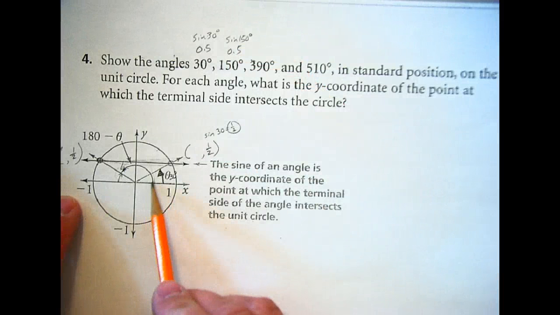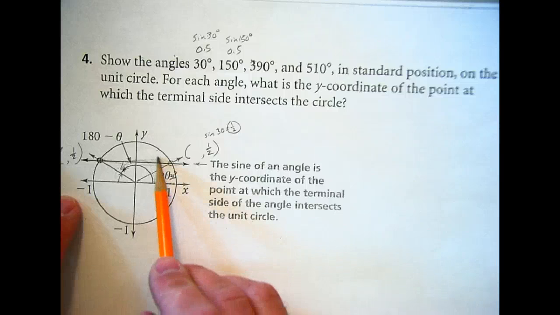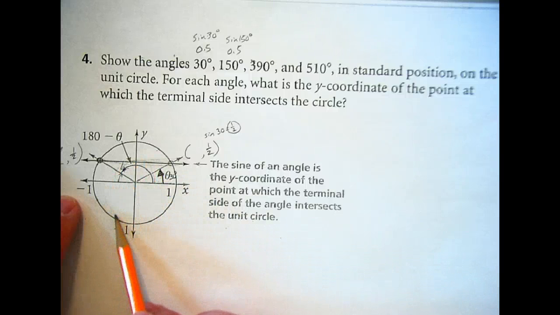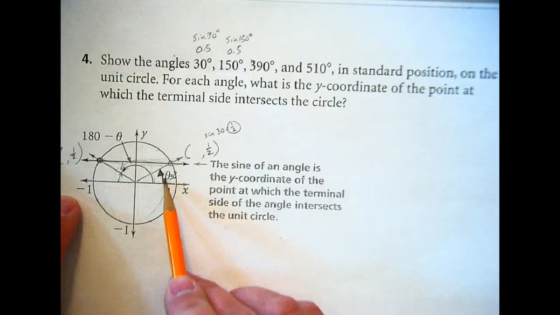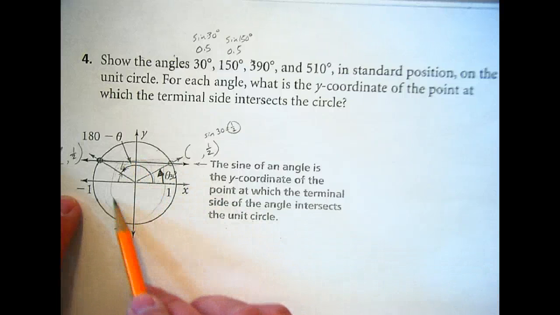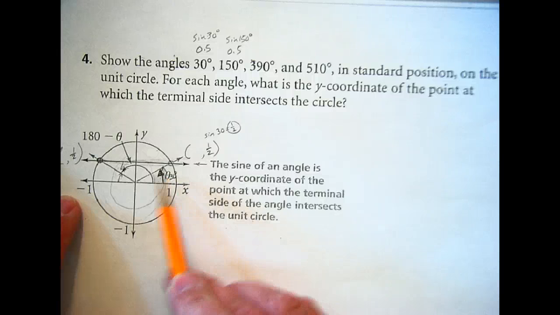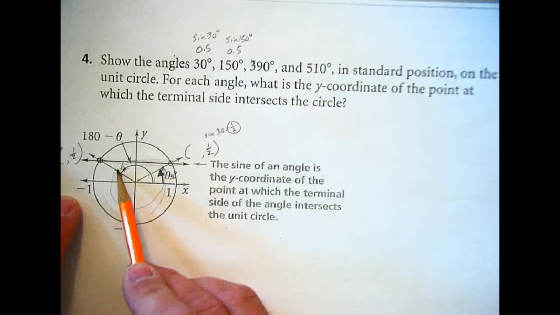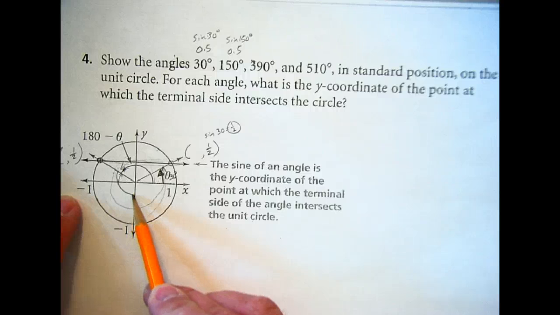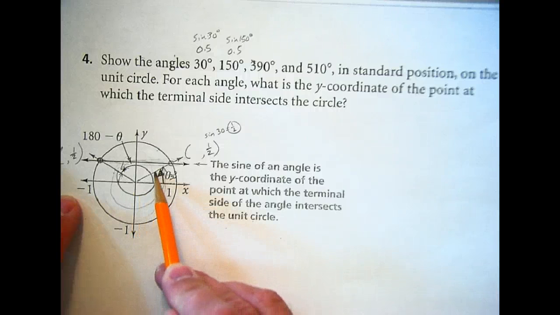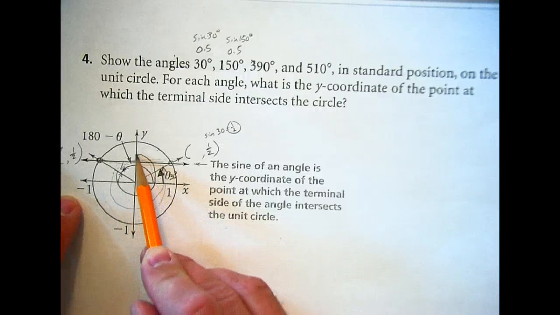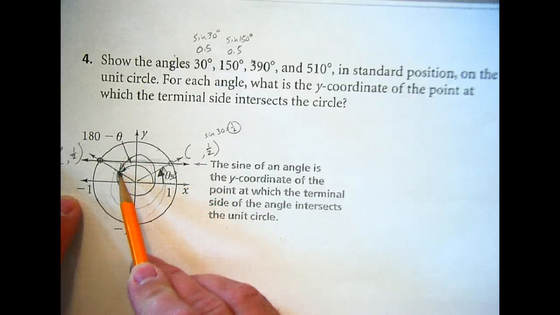If you're at 30 degrees, when is the next time you would hit 1/2? You'd have to go around how much? Another 360 degrees, right? And if I'm at 150 degrees, how far am I going to have to move before I hit 1/2? Well, I'd hit it right there, but then if I go 360, I'd hit it again. 510.